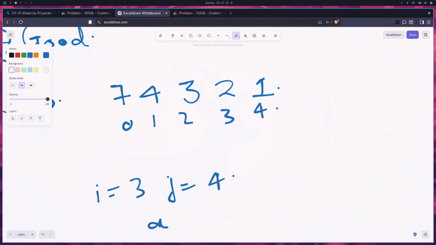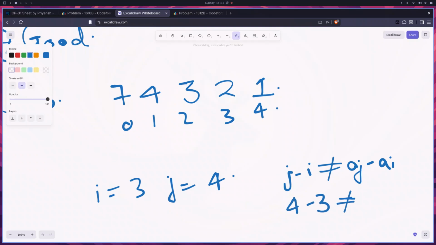So what we should satisfy is that j minus I should not be equal to a of j minus a of I. j is equal to 4, I is equal to 3. What is a of 4? a of 4 is 1 minus a of I, a of 3 is 2. So it becomes 4 minus 3, which is 1, should not be equal to minus 1.